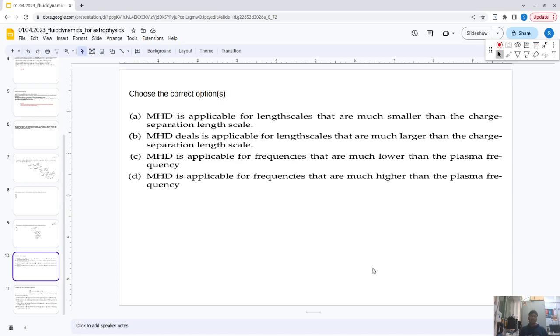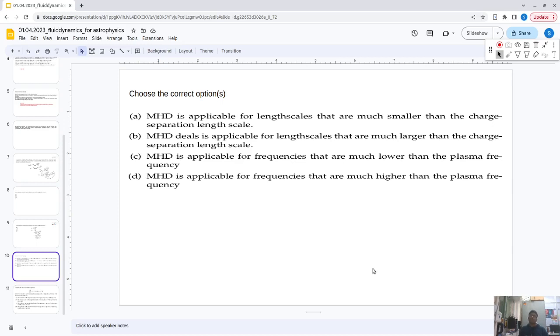That creates quasi-neutrality at that length scale, right? Now if you move to a smaller length scale, you will find some imbalance in charge. So there should be a limit above which you can apply MHD, but at length scales smaller than that, you cannot consider MHD, because there is no charge neutrality there.